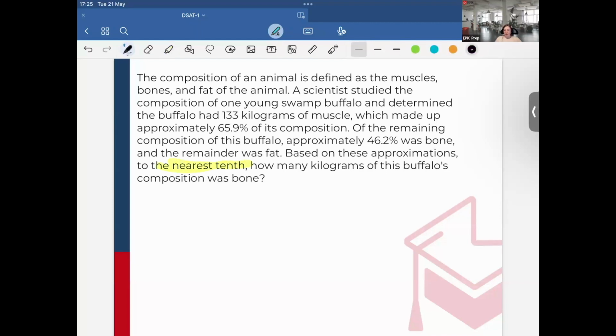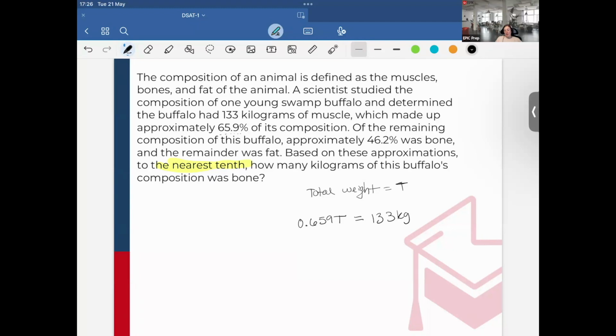Okay, so first I need to do what I did with the previous problems. I'll put total weight as T. So I know that 65.9% of the total weight was made of muscle, and that was equal to 133 kilograms.